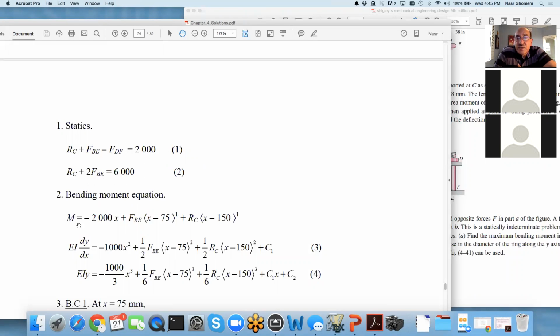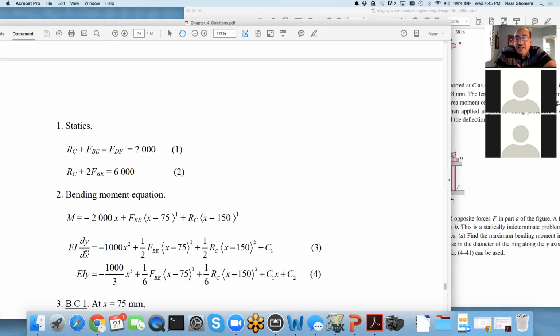Therefore, I can write the equation for the moment using singularity functions. This is the applied force downward. This is the reaction in the bolt at 75 millimeters. This is the reaction at the support. And then I don't have another term for the reaction in the second bolt because it is at the end.